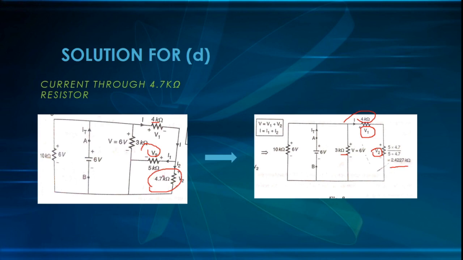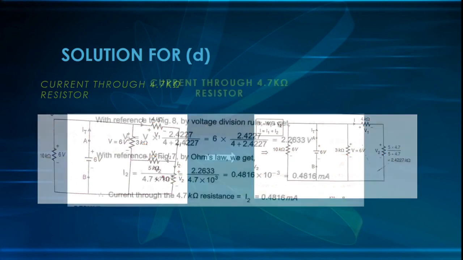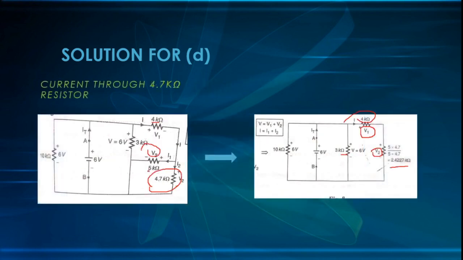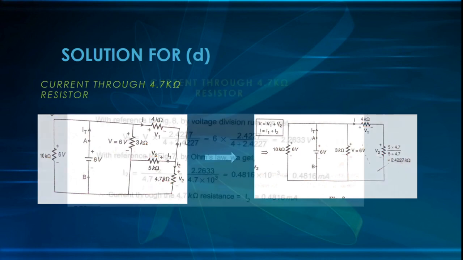So across 4.7 also, the voltage is 2.26. Across 5 kilo ohm also, the voltage is the same 2.26. Now I need to find the current across this 4.7 kilo ohm, which means I need to find what is the current here. So we know what is V2, we know what is the resistance value. So I will be V divided by R value.